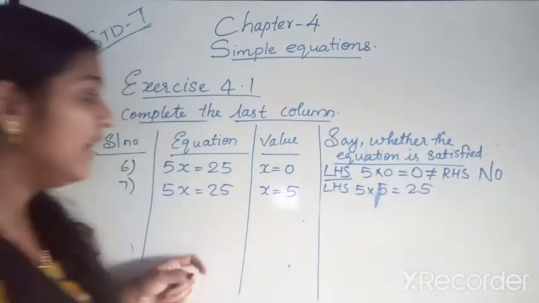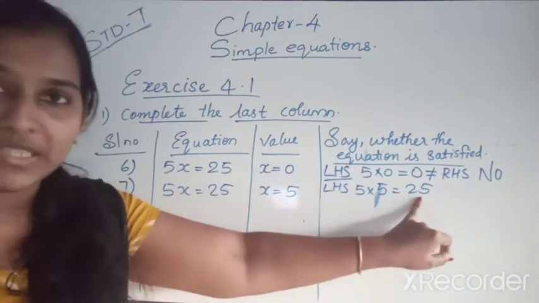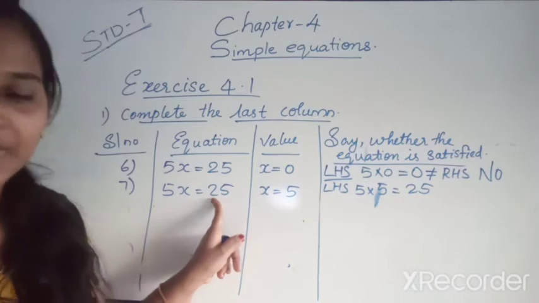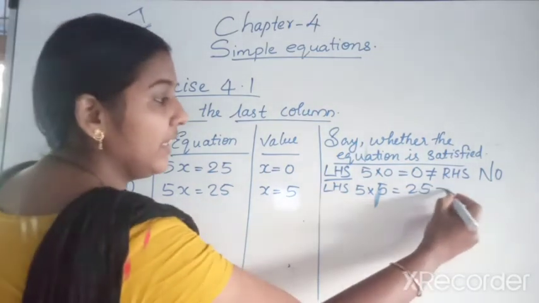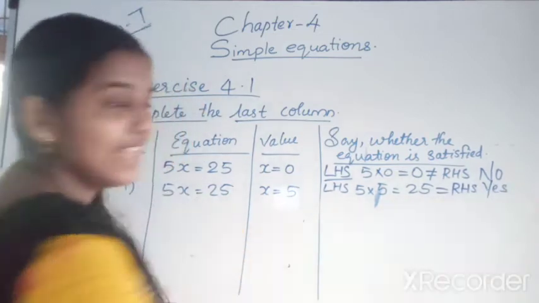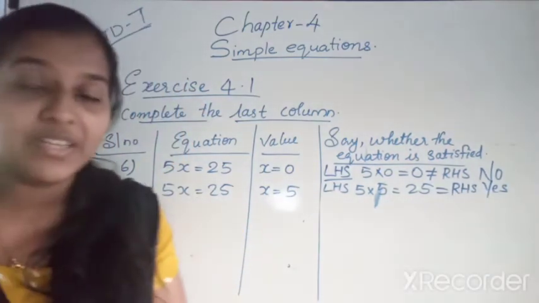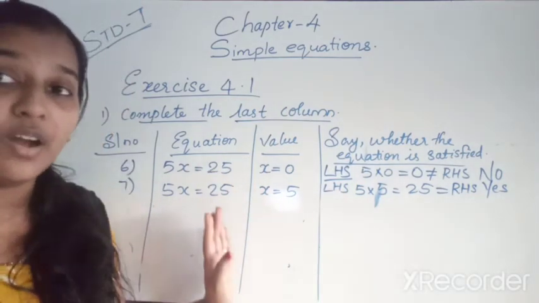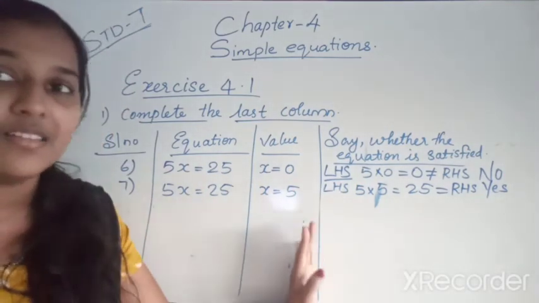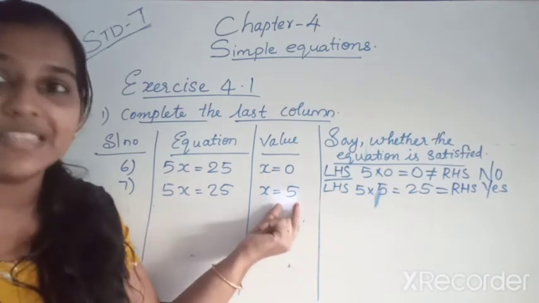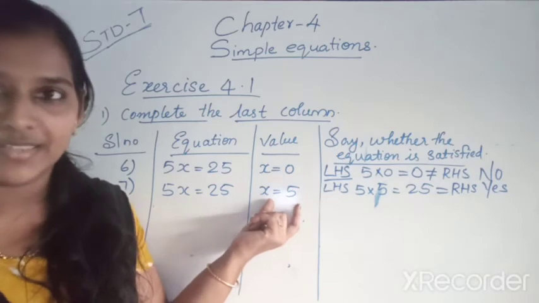So here we got the LHS as 25 and the same is in the RHS also. So LHS is equal to RHS. So this equation is satisfying. There you can write yes. This equation is satisfying because we got the LHS and RHS as equal when we put the value of x as 5. Clear, children?